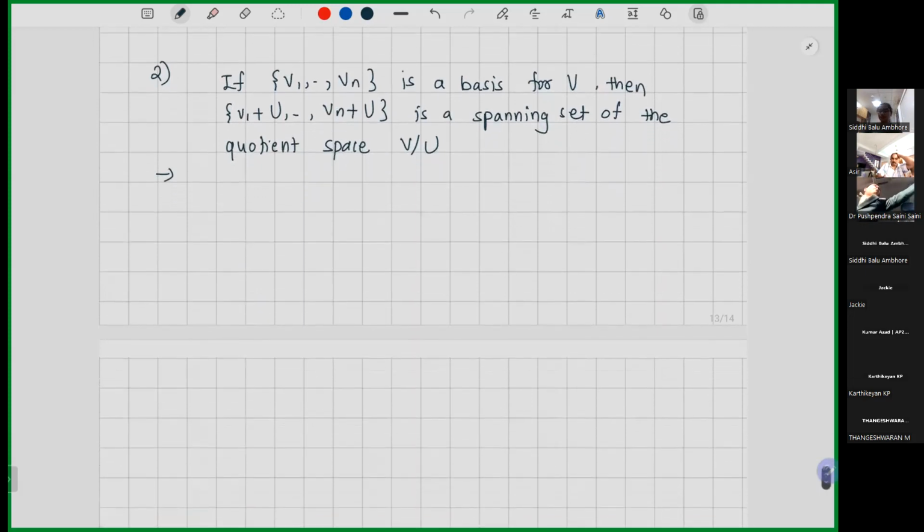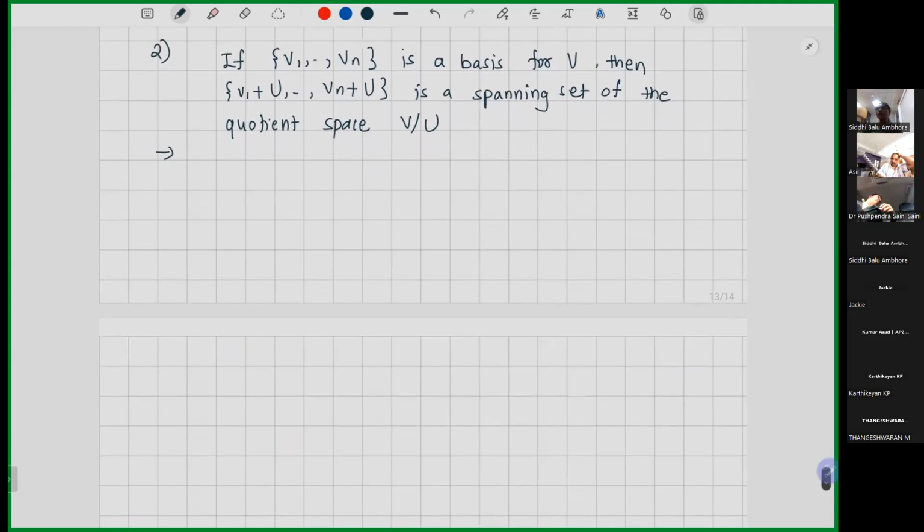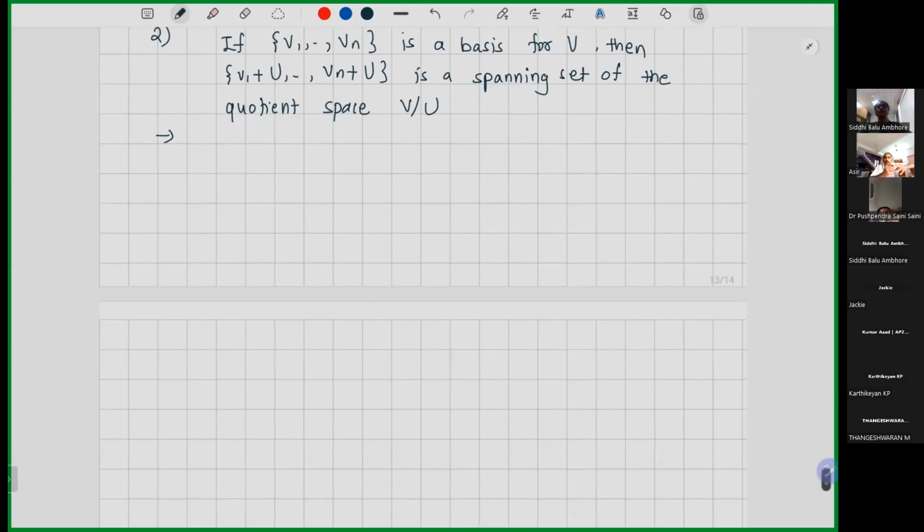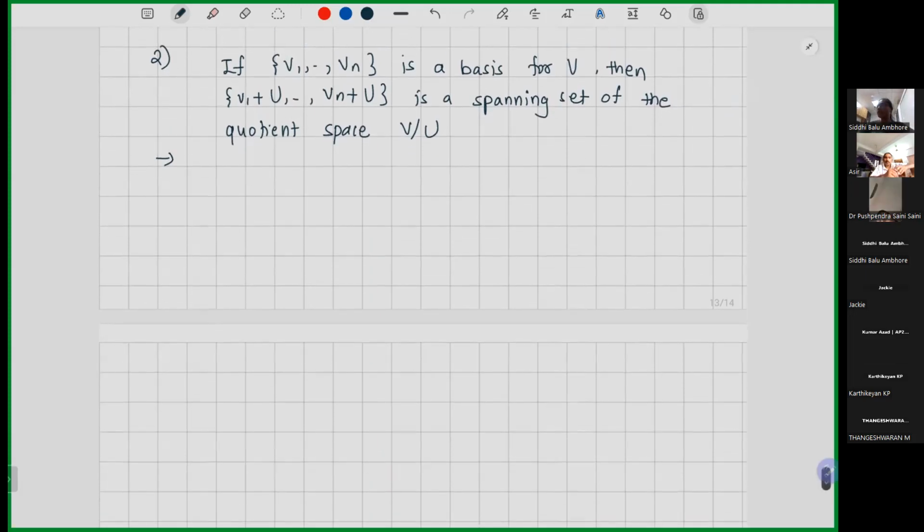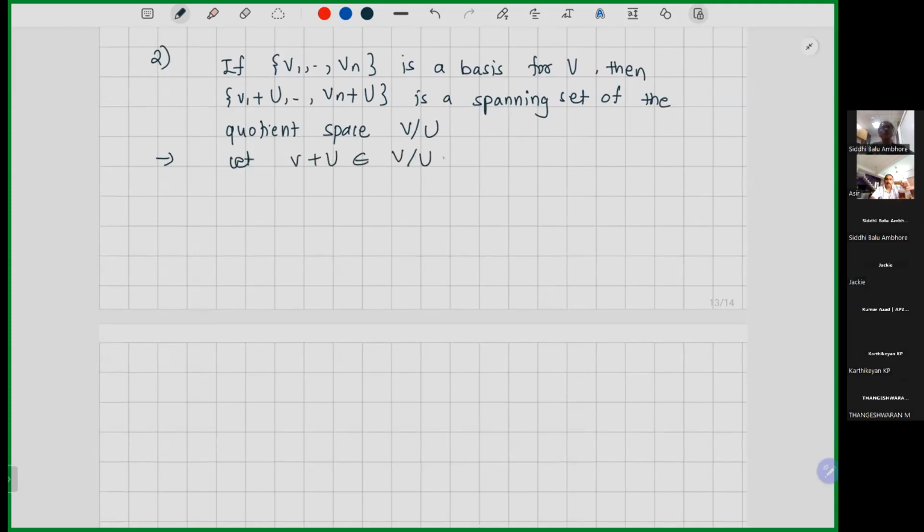Any guesses? Yes, it should span the quotient space. Because, as sir said, it will span. See, let V plus U belong to V mod U. Then the corresponding V belongs to V, right?